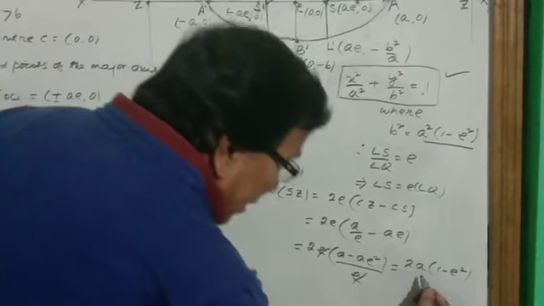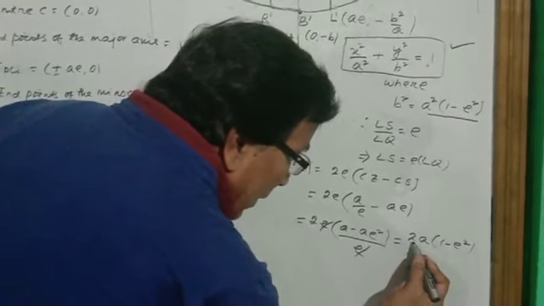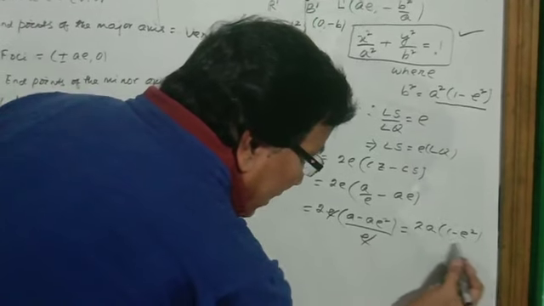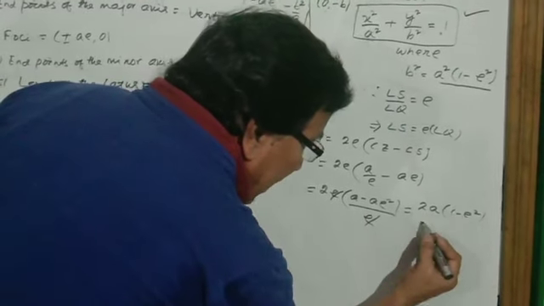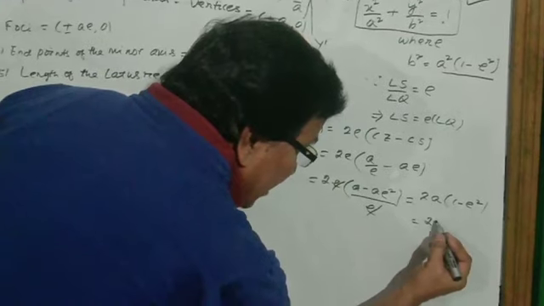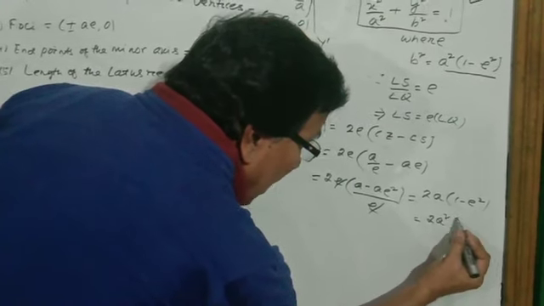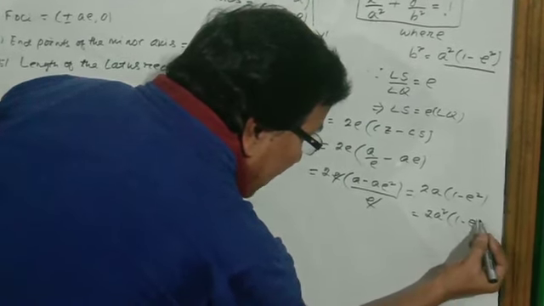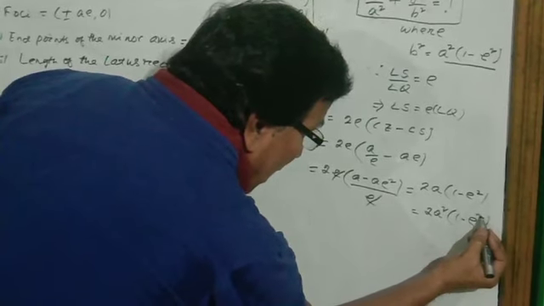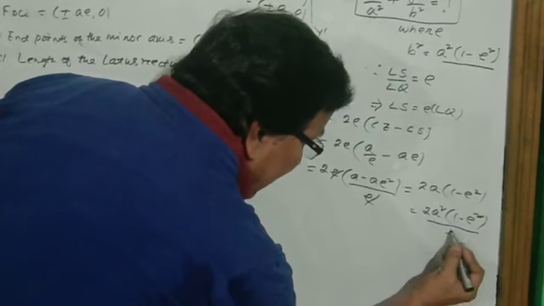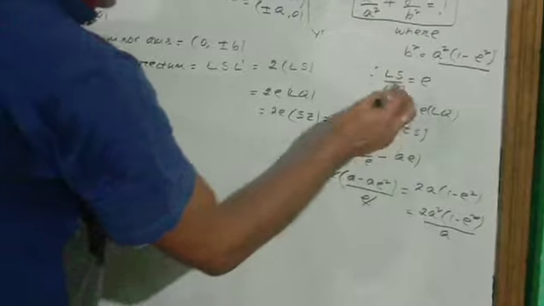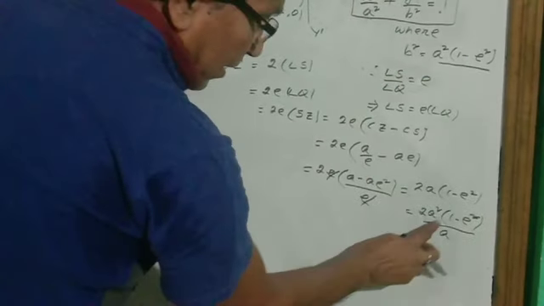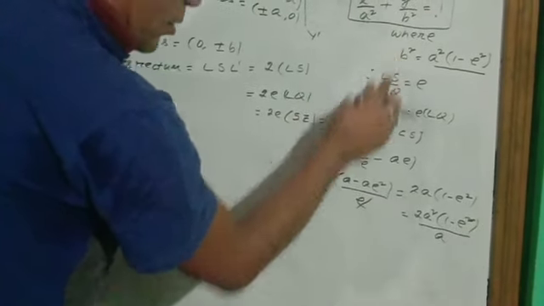Now we will multiply the numerator and divide the denominator by A. So it is equal to 2A square into 1 minus E square divided by A. We know that A square into 1 minus E square is equal to B square.